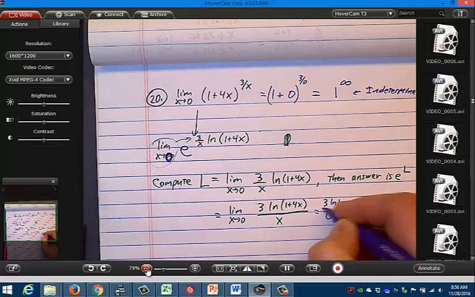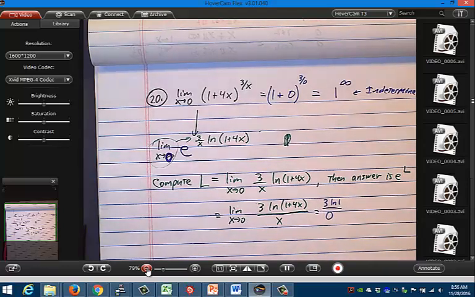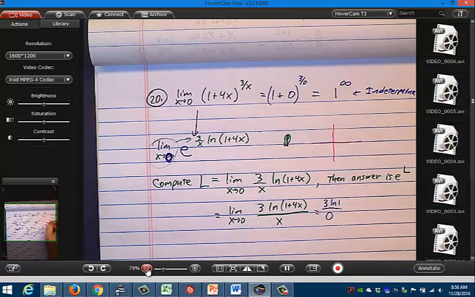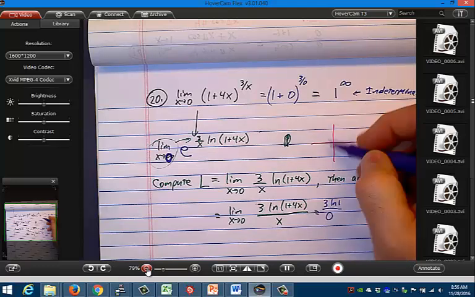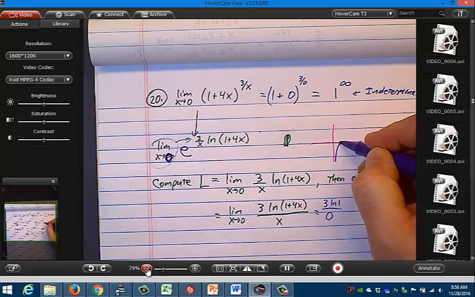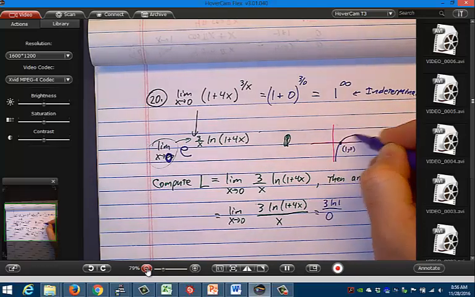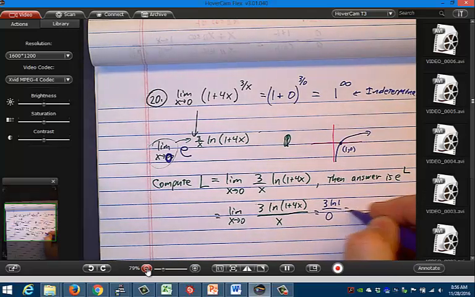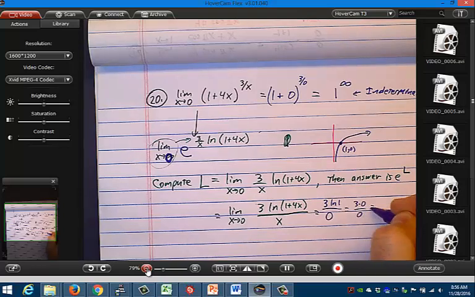But what's the natural log of 1? 0. Again, you guys have to learn the graph of the natural log function. It's asymptotic over here, it goes through 1, 0, and then it grows. So this is 3 times 0 over 0, so it really is 0 over 0. And that's why we are going to apply L'Hopital's rule.